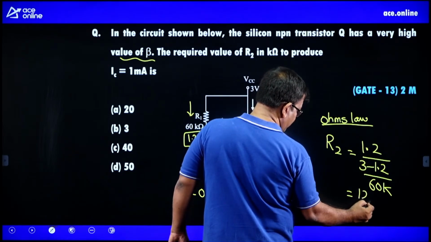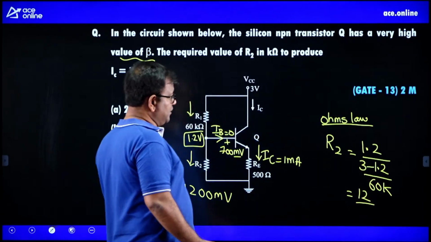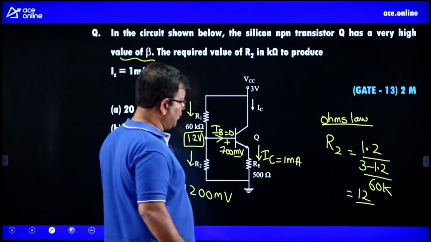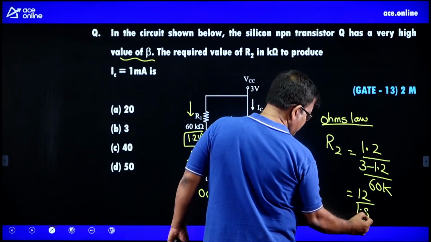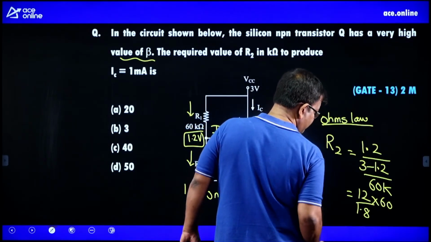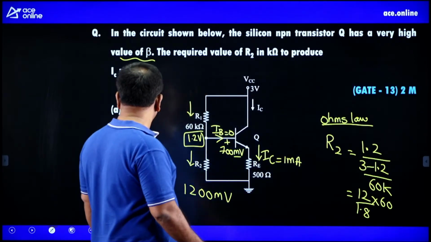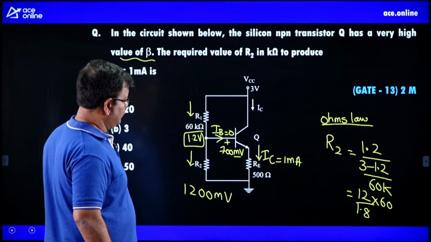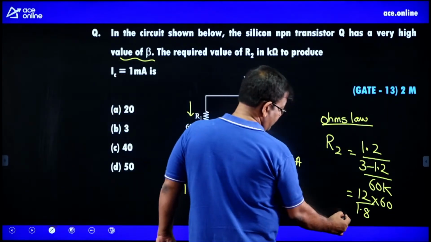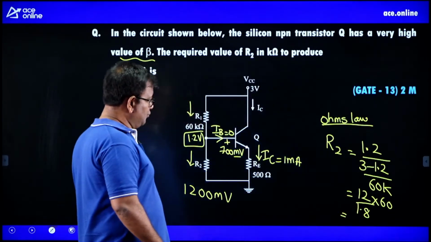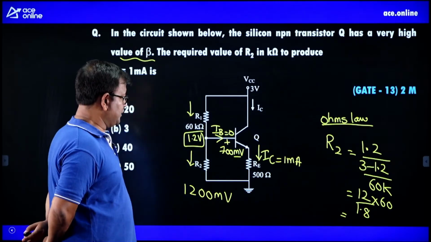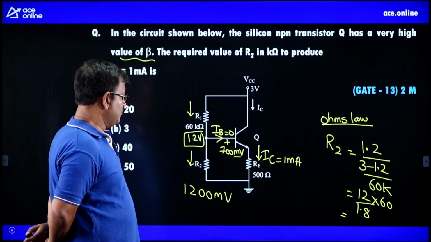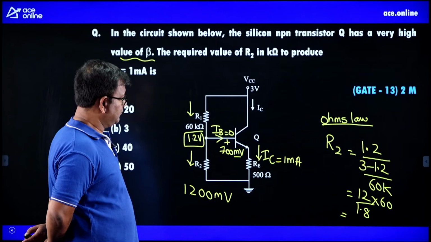So 1.2 by 1.8 into 60. So how much are we going to get?